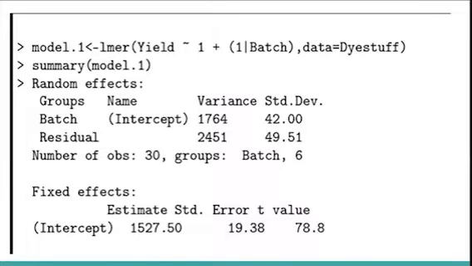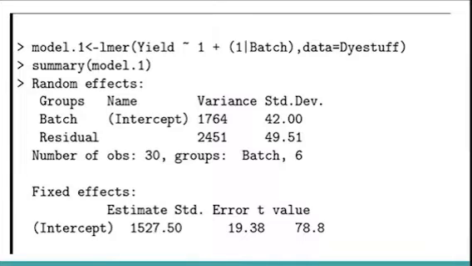I'm actually using the dye stuff data. When you take a look at this, we are considering a one-factor experiment, and that factor is Bash, and the levels of Bash are chosen at random, and that actually qualifies Bash to be a random effect.